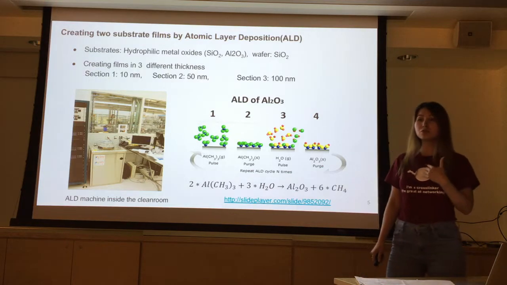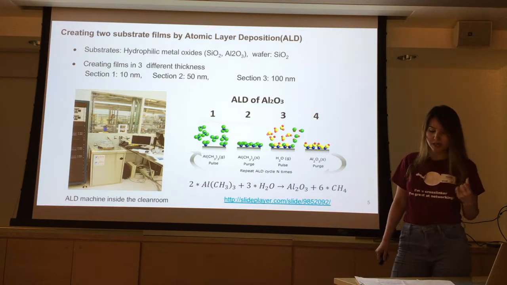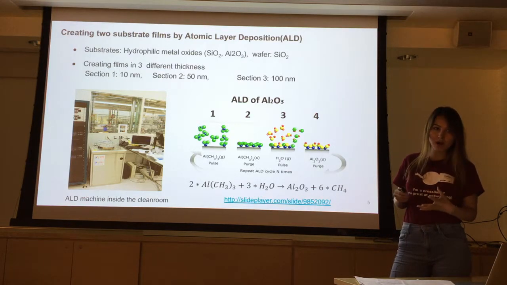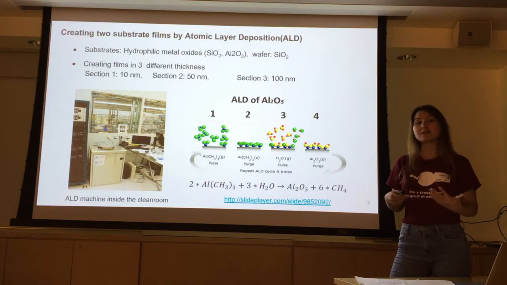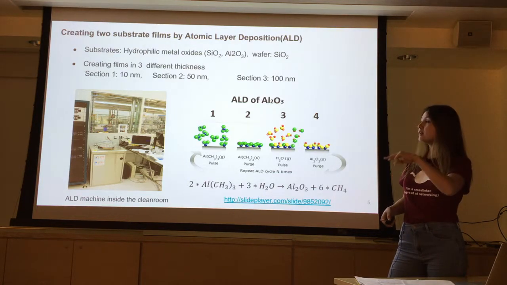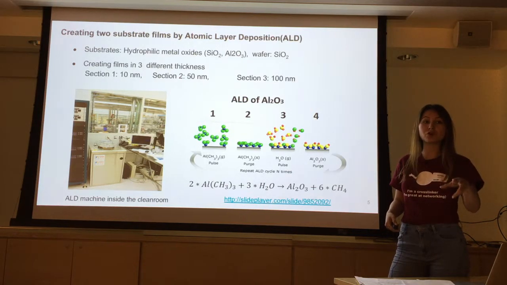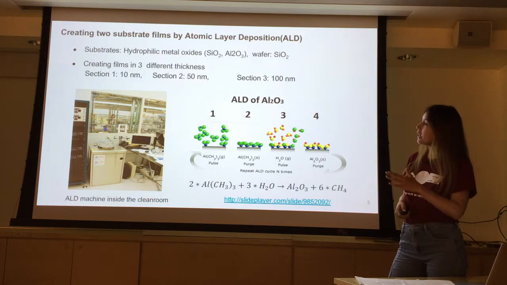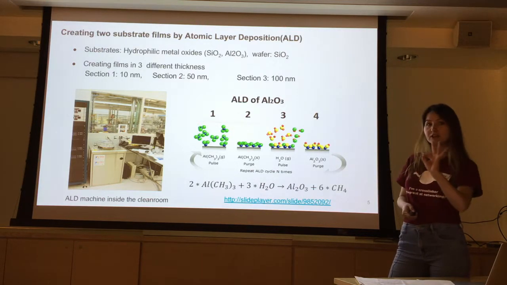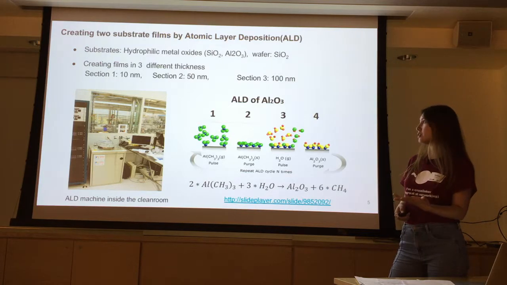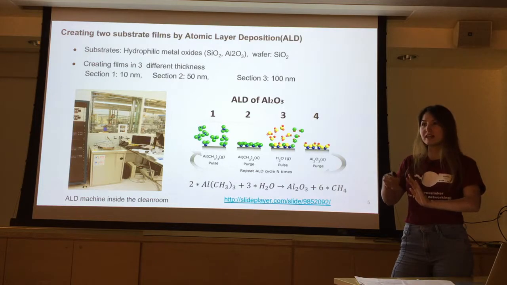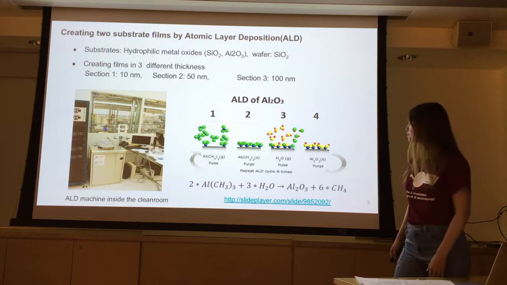The reason I chose these two hydrophilic materials is that hydrophilic materials are charge polarized and react with polar substances, and my chalcogenide materials are also polar materials. I planned to create these films in three different thicknesses, 10 nanometer, 15 nanometer, and 100 nanometer, to see how their thickness can also affect surface plasmon.